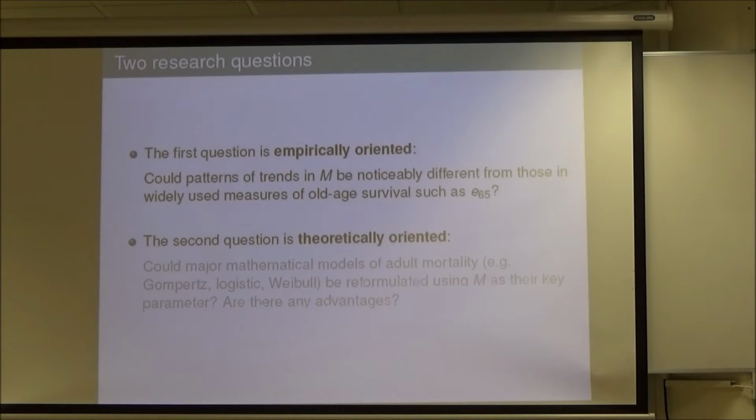So could these models be reformulated using M as their key parameter? And if yes, are there any advantages in doing so? And what role does M exactly play in these reformulated equations?